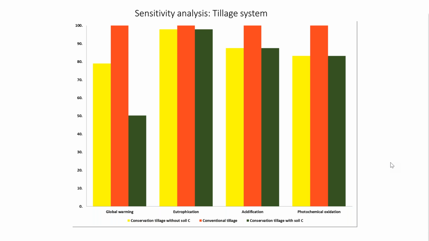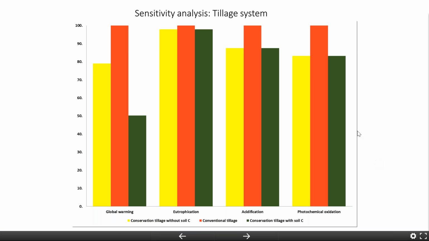So I do want to bring in some of the analysis we did here, and this is in regards to tillage. So you have yellow, which represents conservation tillage. You have your red, which is conventional, and then you have conservation tillage with soil carbon. So this would be in different soil zones. But in all cases, you can see that conservation tillage much outperforms conventional tillage. And again, that's related to the fuel use.